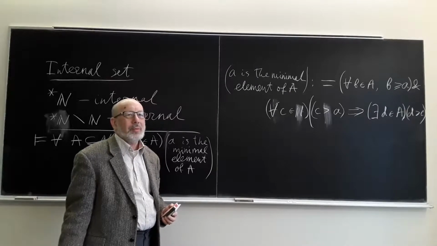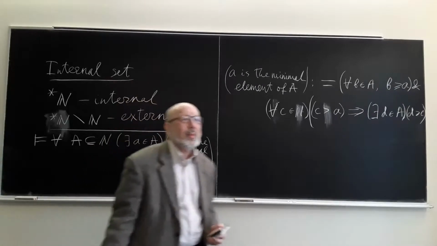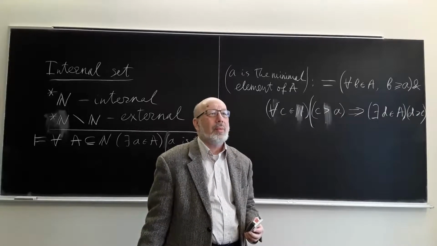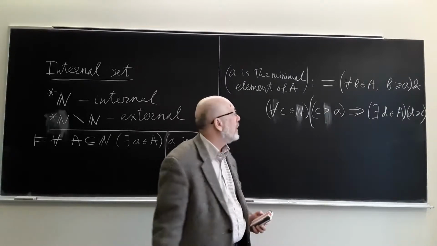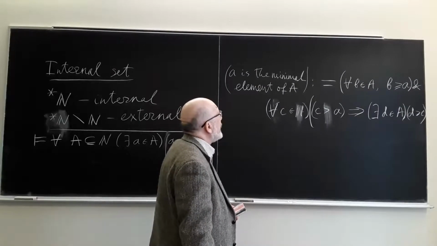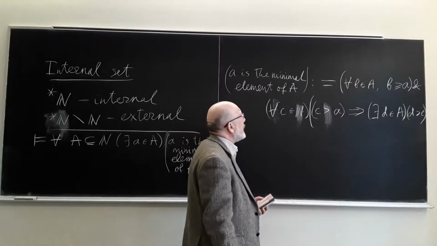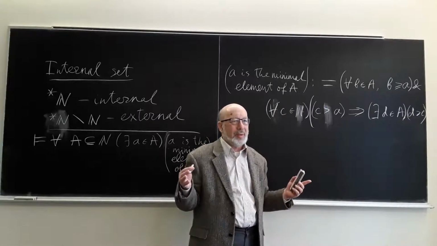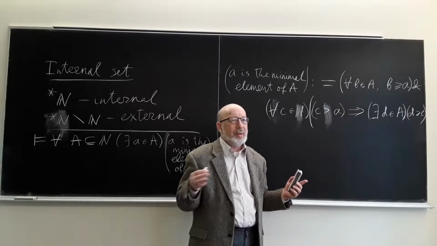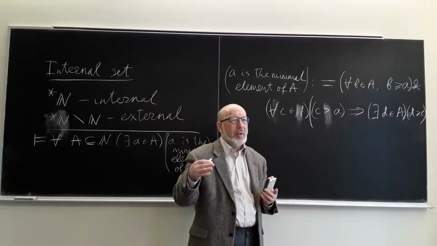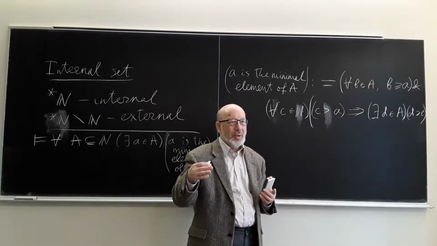I'm not exactly sure why we would need the second line. Shouldn't the first line and the fact that a is an element of big A be sufficient? No, the first line says that a is less or equal than all elements of our set. Yes, and the second line says that it is the largest such element.